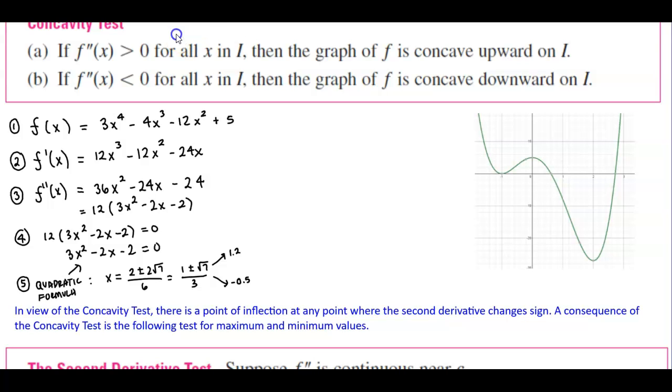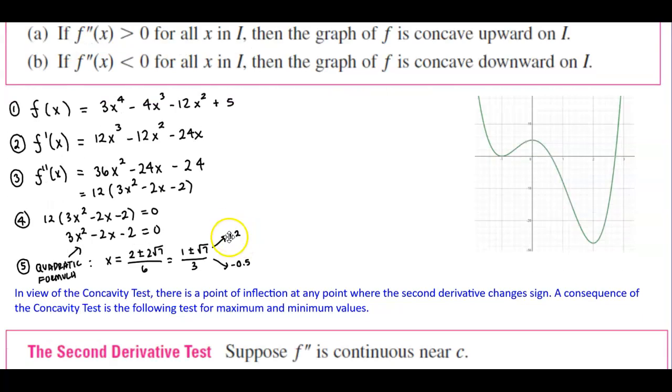So now, what happens next? Well, these two values for x now represent the critical numbers for the second derivative. So what we want to do now is look at the regions for this. We know that for the second derivative, we're going from negative infinity to positive infinity.